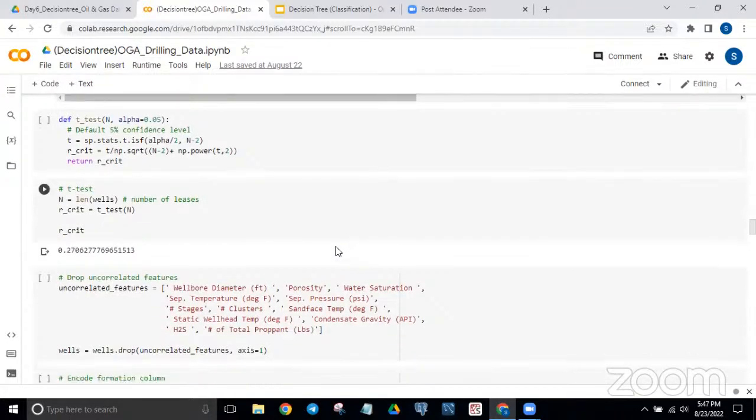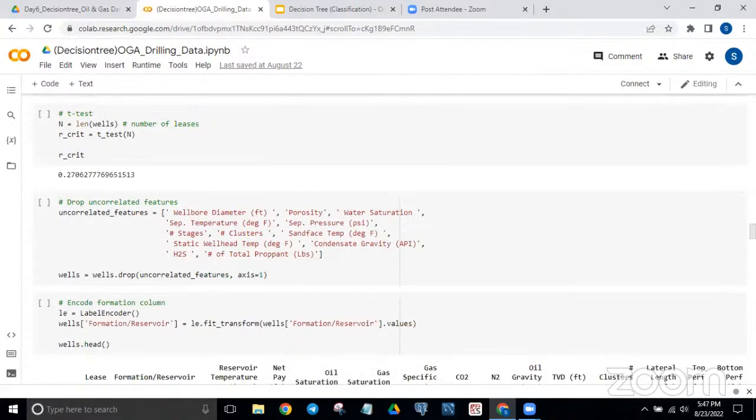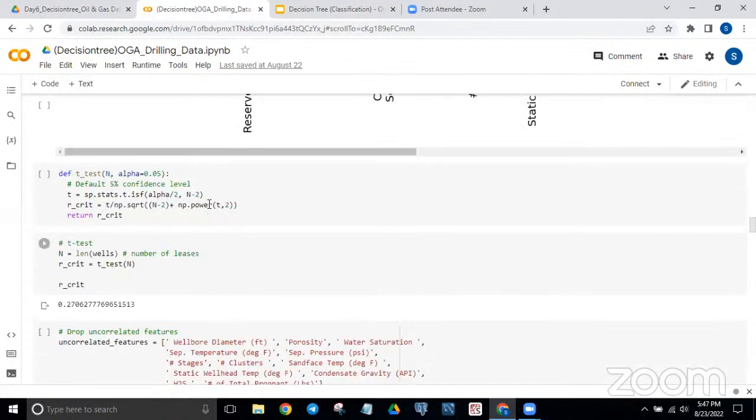So the basic criteria is the R value. I am trying to find the correlation coefficient value, and I have a criterion: if the value is less than this particular criterion, that variable should be removed. So based on that criterion, we can remove these values. Here we can find out the value, and here we can get these values.